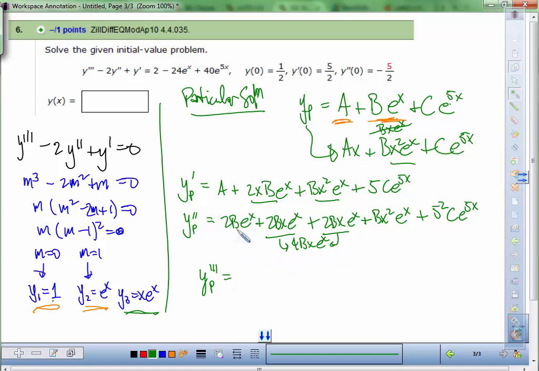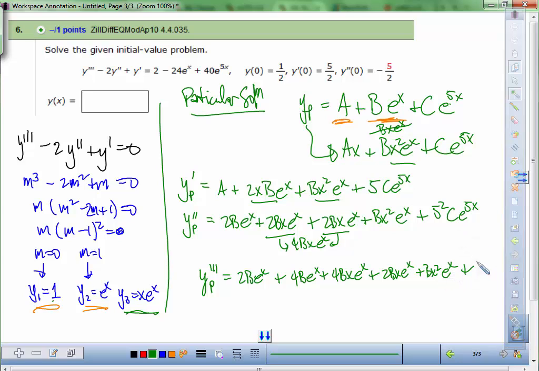So the third derivative is what we need. The third derivative is, okay, the derivative of the first, oh, this is just a constant, so 2b e to the x. So now we have a product rule here. I got derivative of the first times the second plus the first times the derivative of the second. And then another product rule, derivative of the first times the second plus the first times the derivative of the second.